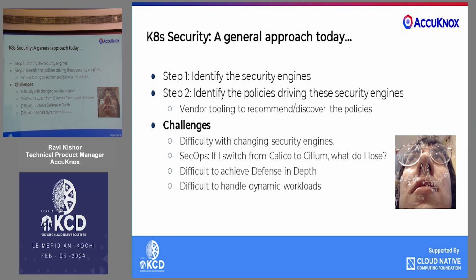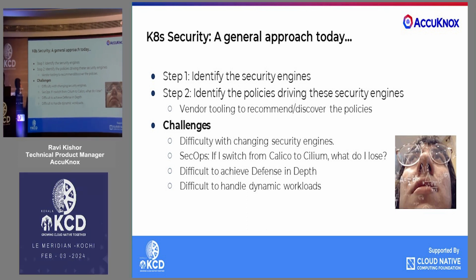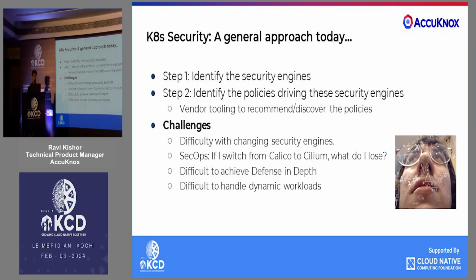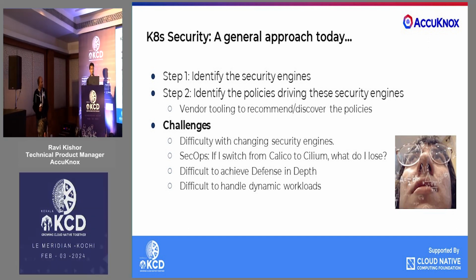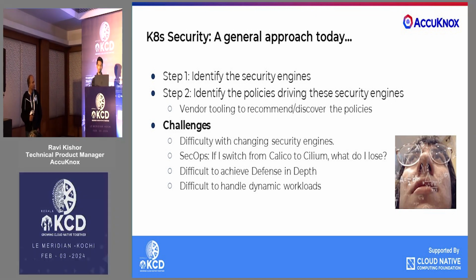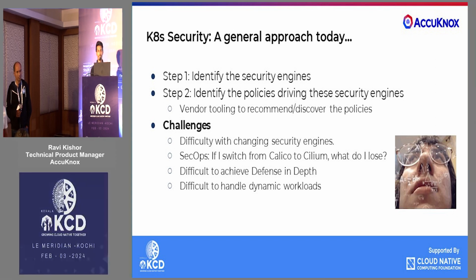But still, we have a lot of challenges. Let's suppose you choose one particular tool, and the licensing changes, or management decides you don't have to use this tool. Now again you have to train your SecOps team. So there could be technical and non-technical challenges.